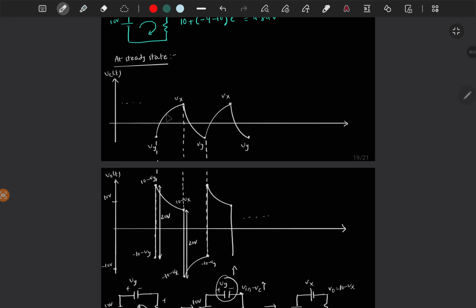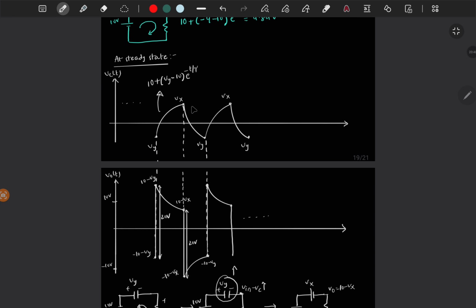So if you write the expression for this waveform, then what is the final value? Final value should be plus 10 volt. It should not be Vx, it should be plus 10 volt. So final value plus initial value is still Vy. So initial value minus final value times e power minus t by tau.